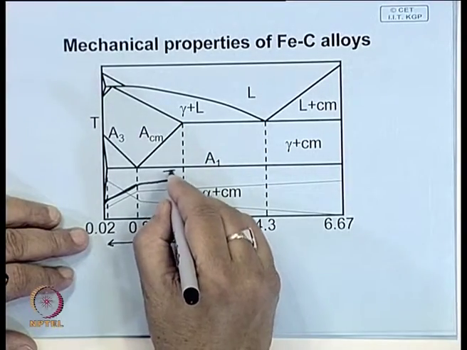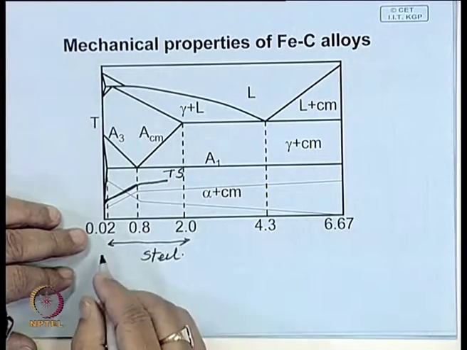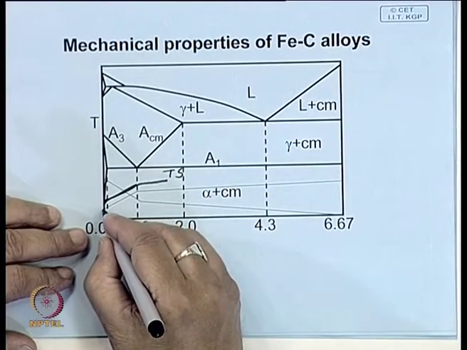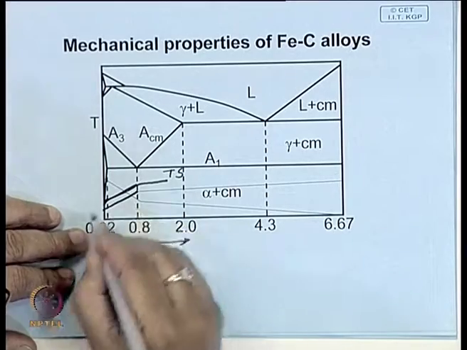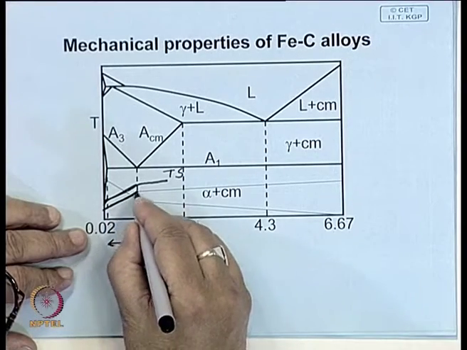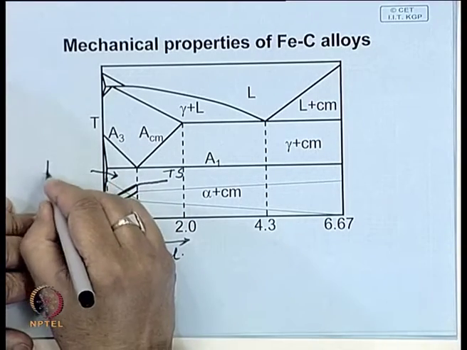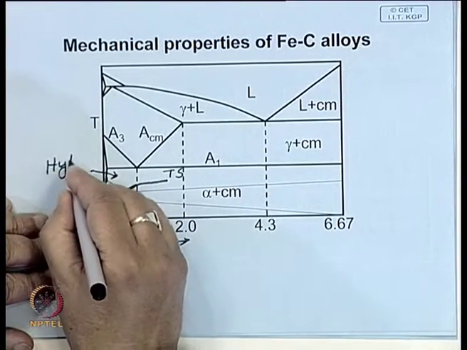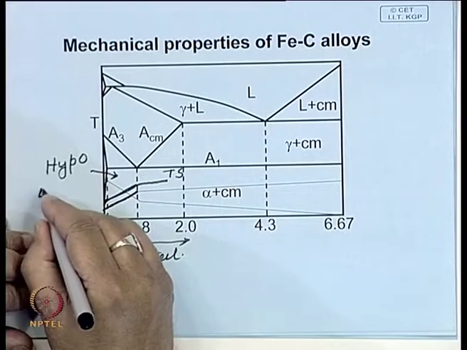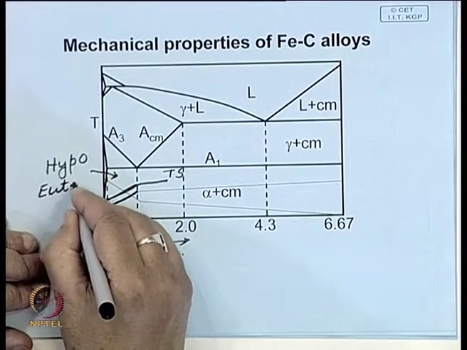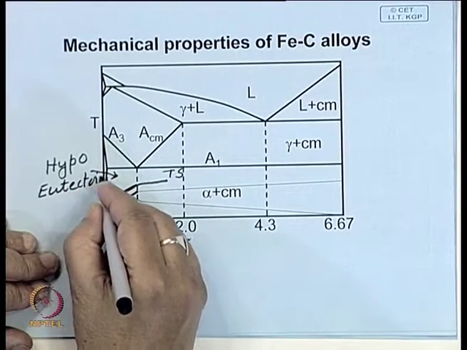So, this is, you can say, tensile strength. If you measure hardness, this hardness also increases linearly in this part, which is called hypoeutectoid steel. Eutectoid steel.